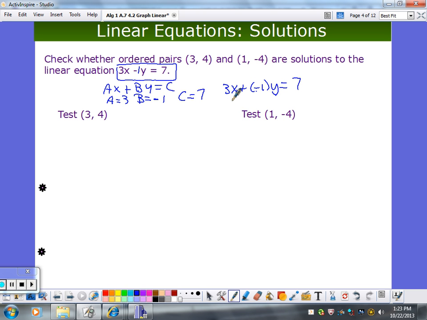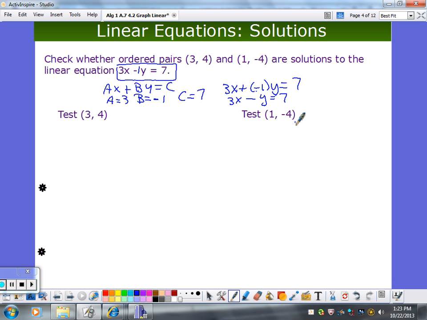Because what's a positive negative? That's a negative. 1 times y is y. So we always write things in the simplest form, but we also sometimes have to be able to step back and see where it might have come from. And so it did. It came from adding a negative 1 times the y. So when you see a negative coefficient, your b might be negative, or your a or your c. It could be negative.